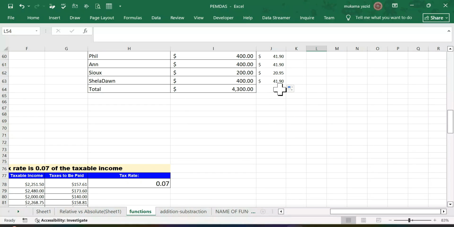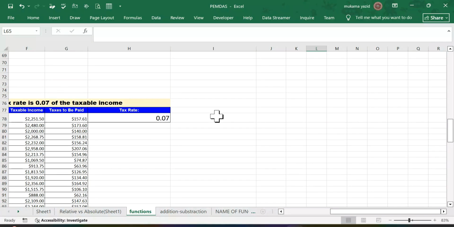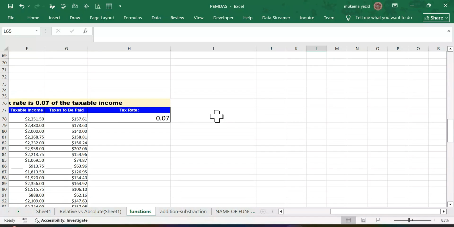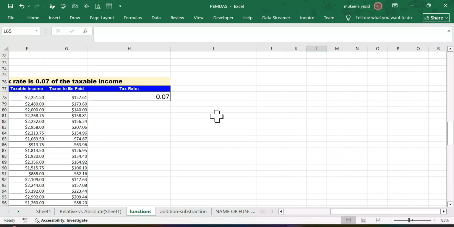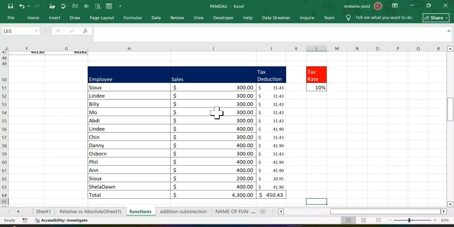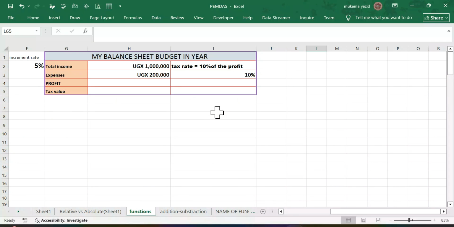So that is it. This is supposed to be sum, so I have to autofill this. I think this one is done. This part is done.